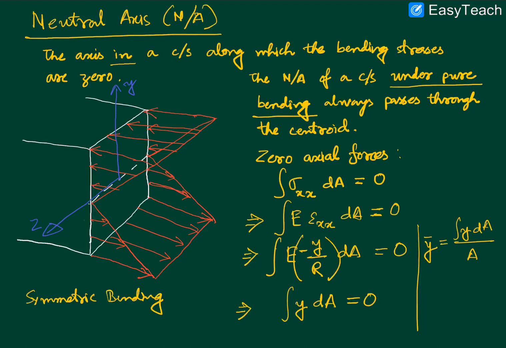That will of course be an unsymmetric bending of beam, but in that case also there will be a neutral axis along which the bending stresses will be 0, and it is guaranteed that that neutral axis will pass through the centroid of the cross section, provided we are considering a case of pure bending.